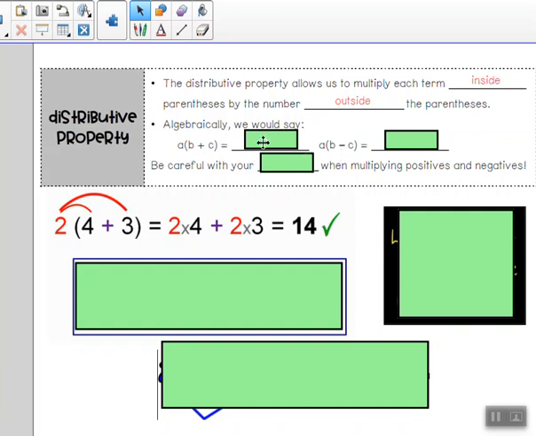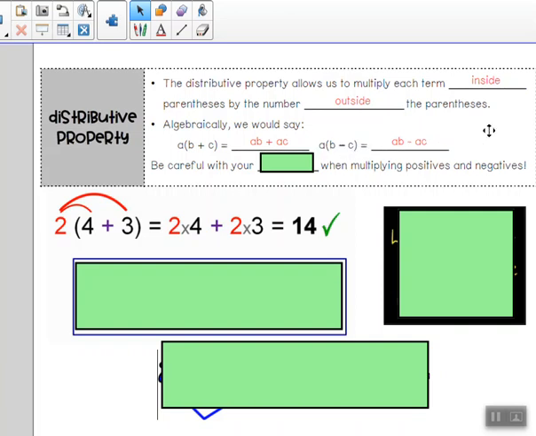But if this was algebra, if I was summarizing this, I would say this. What's outside times both of the things inside. So A times B plus A times C. Or if I was subtracting, it would just change the operation. A times B minus A times C.